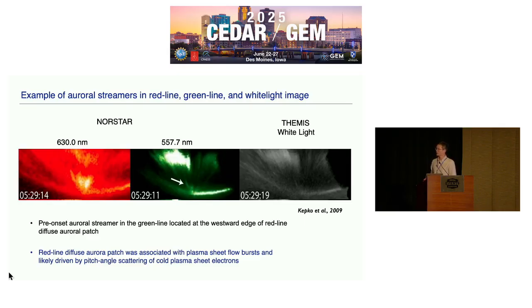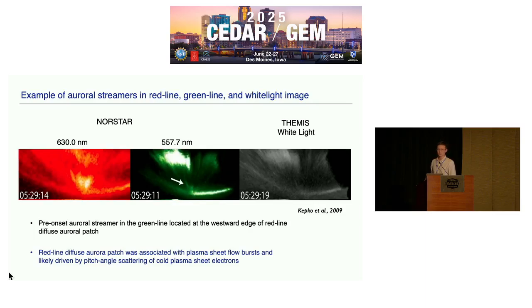So here I'm showing one example from Capco et al., where they see a pre-onset auroral streamer in the green line, which is located exactly at the westward edge of a red diffuse auroral patch. And this red line streamer-like structure was associated with a plasma sheet flow burst.